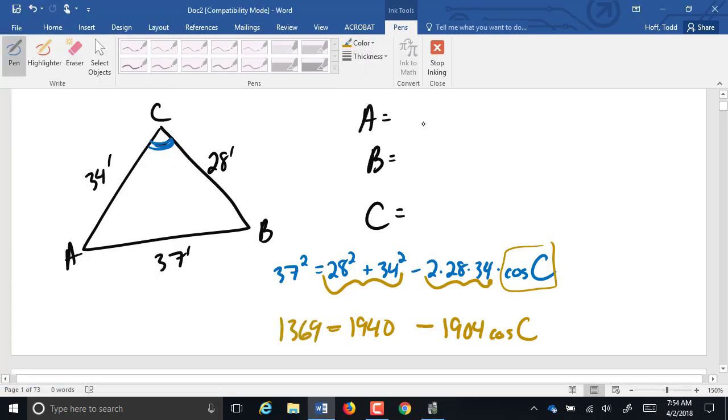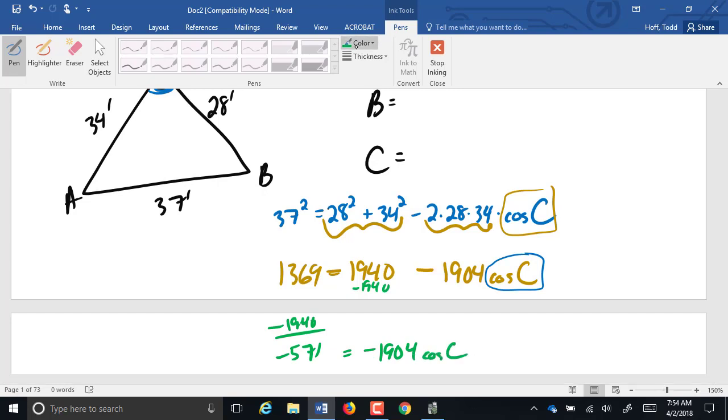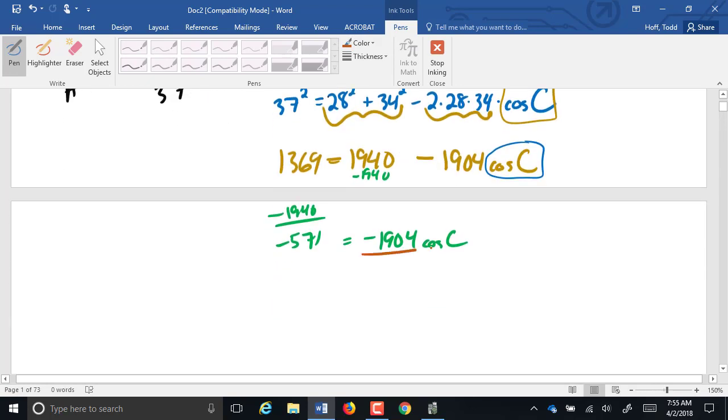Now I'm still solving for this cosine of C here. So I'm going to subtract the 1940. Subtracting 1940 gives me negative 571 there, equals negative 1904 cosine C. And then we'll divide by negative 1904.